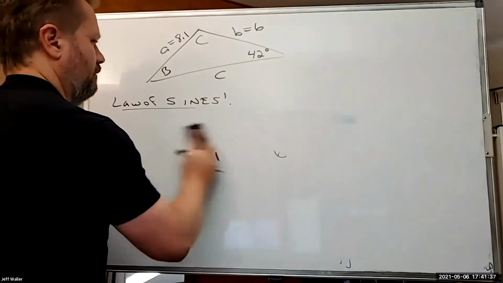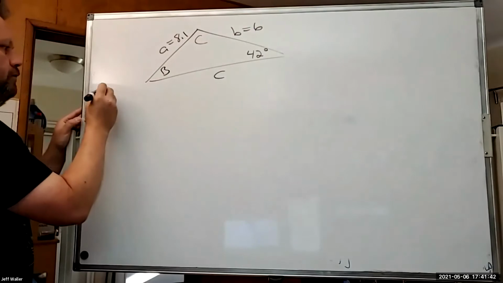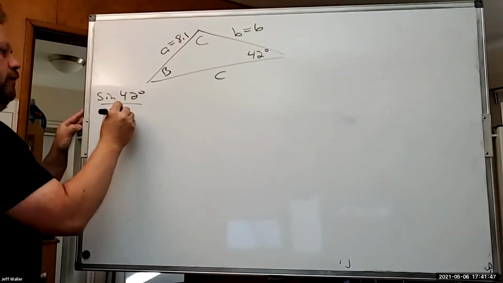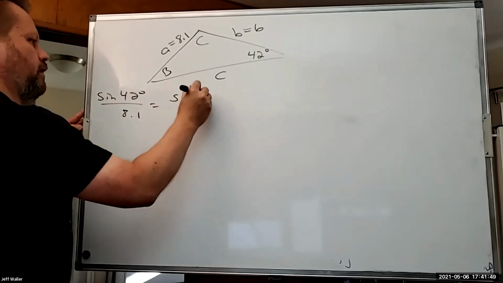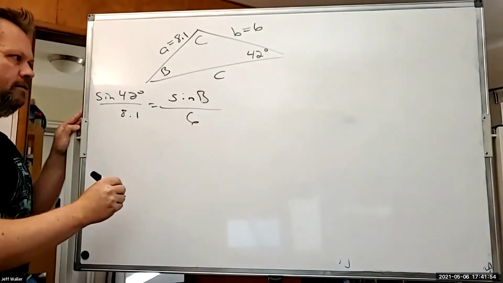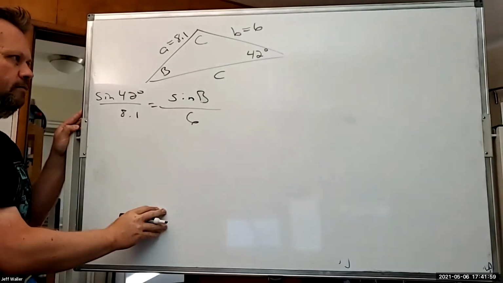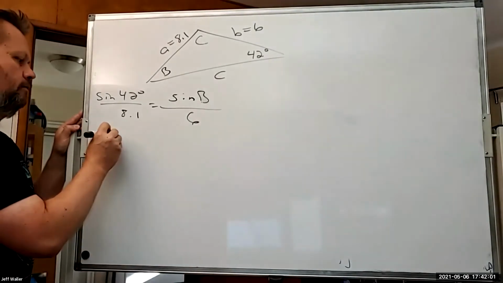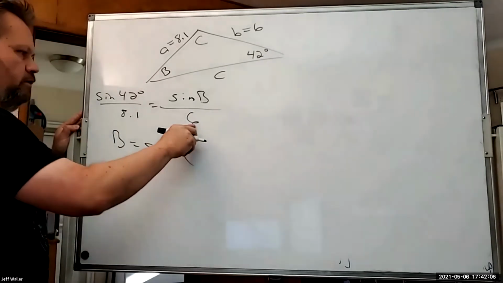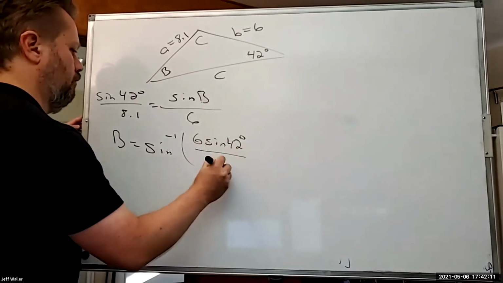Someday. All right. So I got sine of 42 degrees over 8.1 equals sine of B over 6. So sine of B is equal to 6 sine 42 over 8.1.